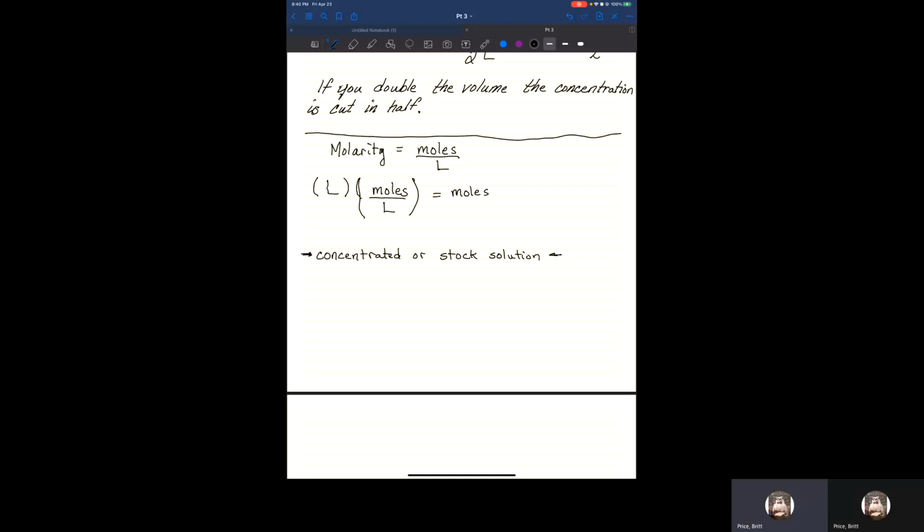The stock solution is the one that we have in the stockroom. It is the one that we start with.